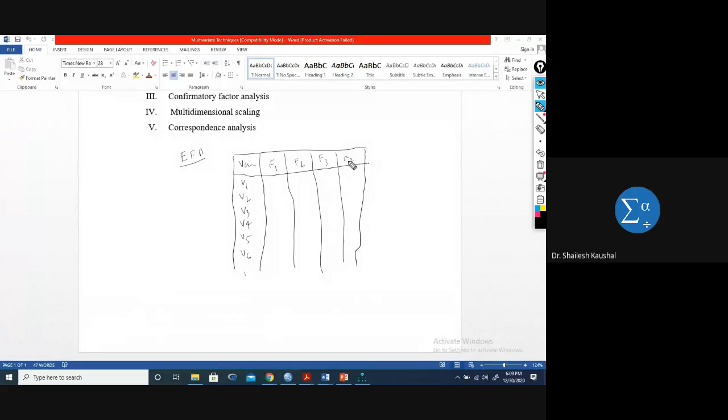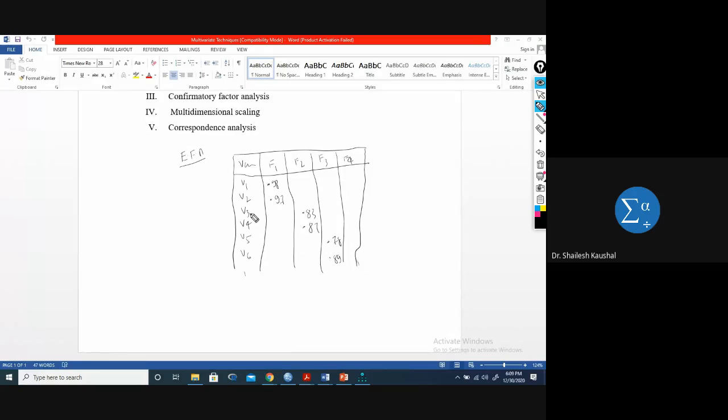This matrix shows the correlations between variables and factors, like 0.98, 0.97, and in another 0.83, 0.87, 0.78, 0.89.